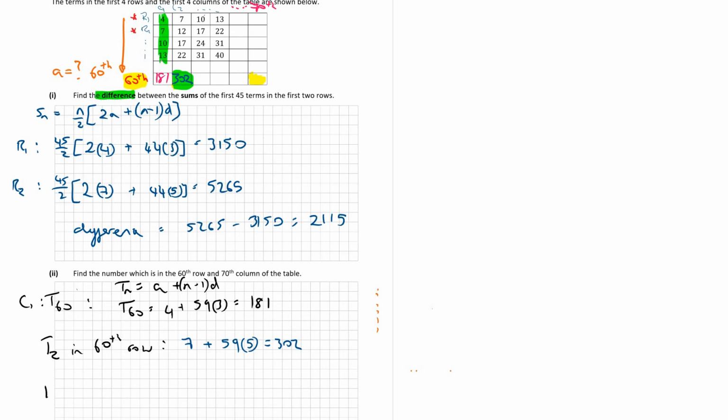I now need term 70, because that's the 70th column in row 60. So I now need term 70 for that 60th row. Well, it's going to be a plus n minus 1 times d, and the first term was 181 plus 70 minus 1, which is 69, times the difference between 302 and 181, which is 121.